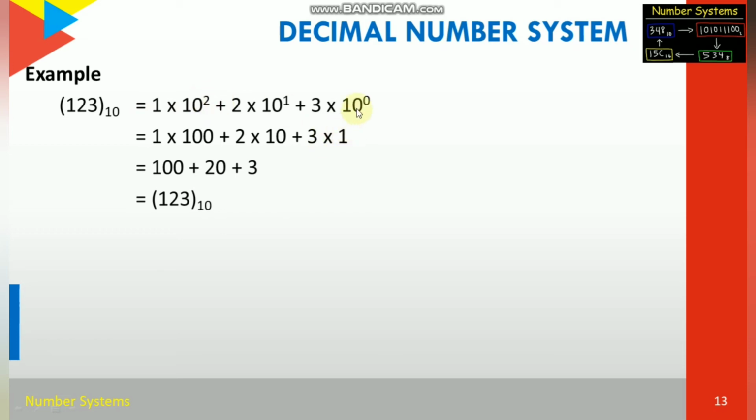Anything to the power 0 is 1, whether it is 5 to the power 0 or 2 to the power 0. So 3 into 1 plus 2 into 10 plus 1 into 10 square, which is 100. So 100 plus 20 plus 3, you will get 123.